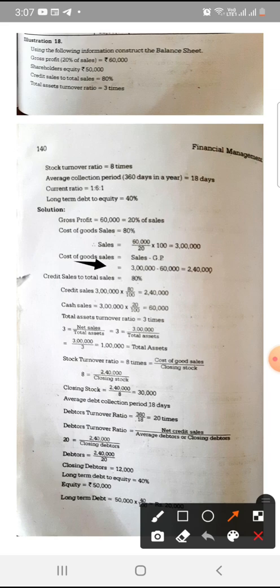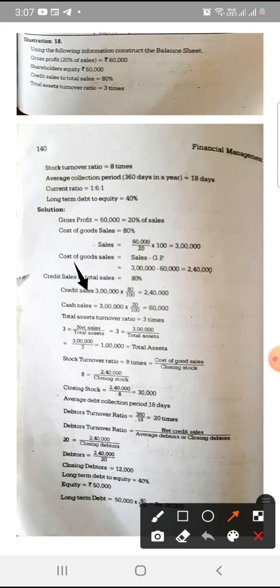Now, what is the sales? If 20% is equal to 60,000, 100% is how much? Cross multiply and you will get 3 lakh as sales. So cost of goods sold is sales minus gross profit, that is 3 lakh minus 60,000, which is 2 lakh 40,000.